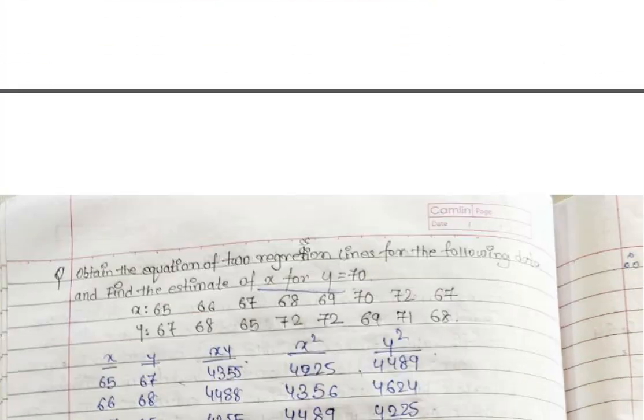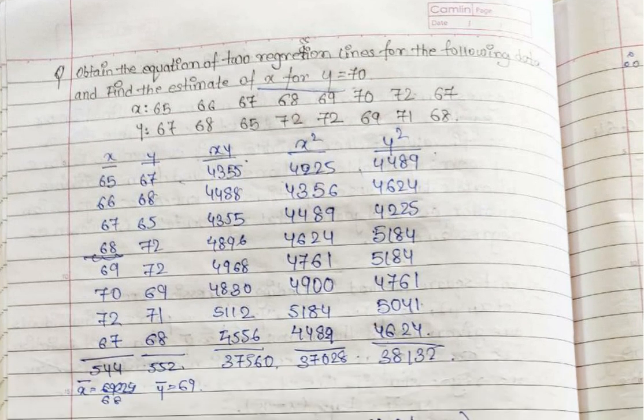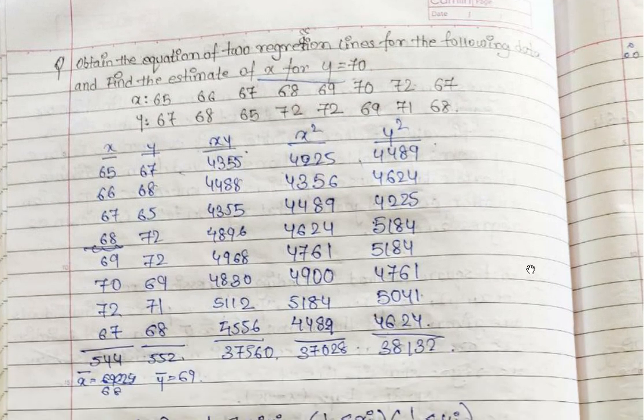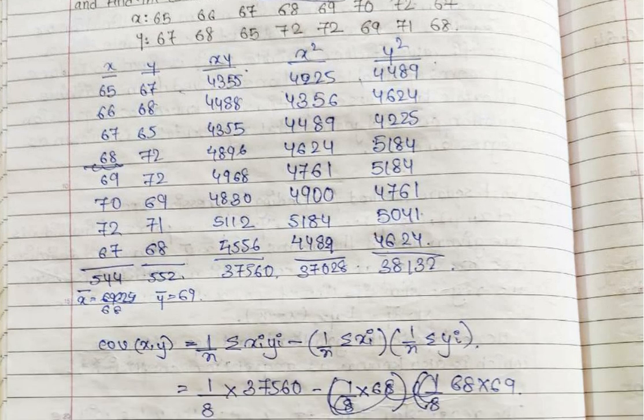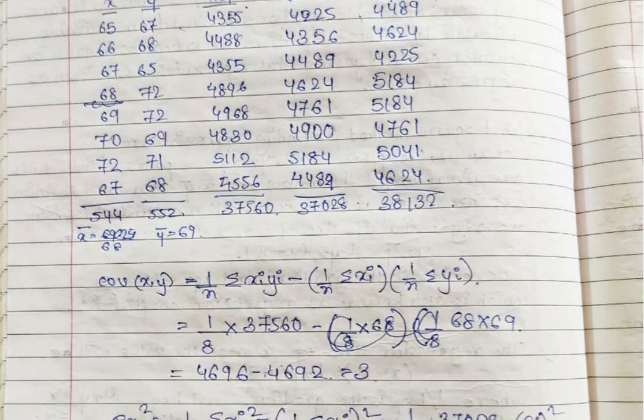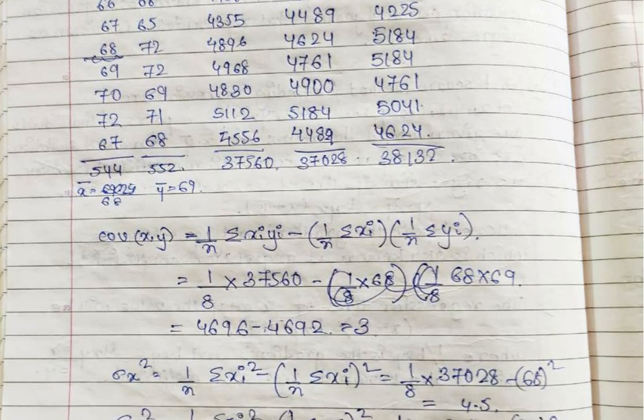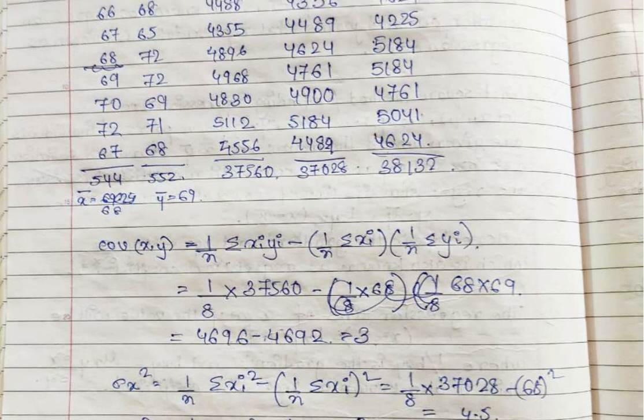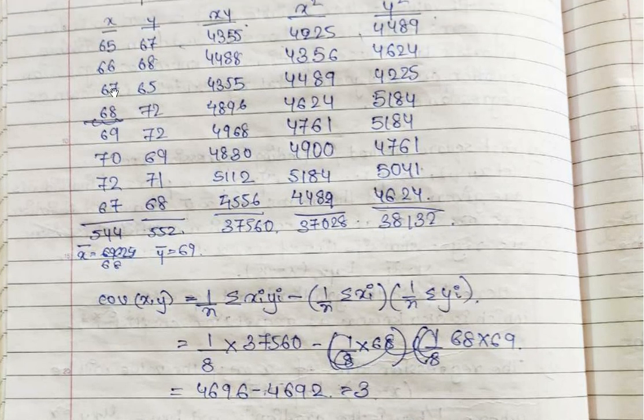So here we can see the data which are provided. Simply find the values we need, because we have to find the correlation coefficient as well as bxy, for which we need sigma x, sigma y, the means x bar, y bar, etc. We have found all those values here.